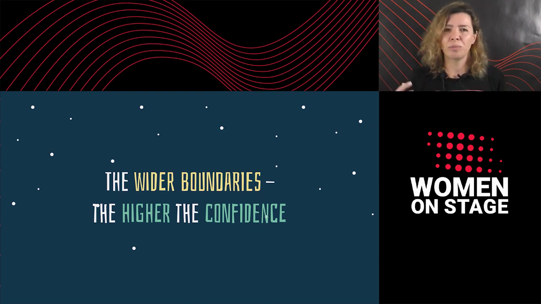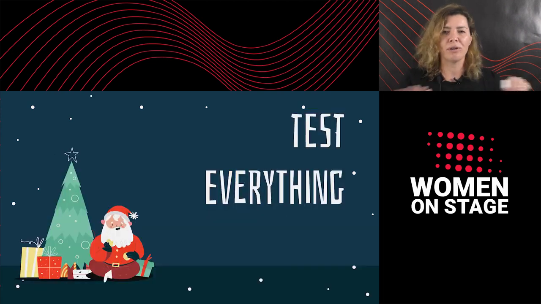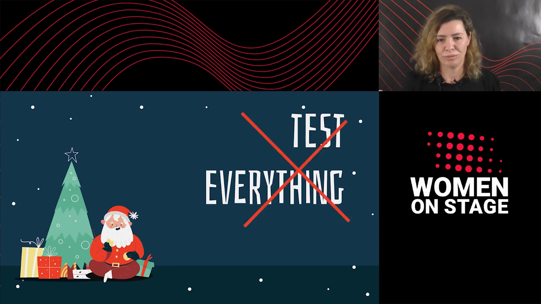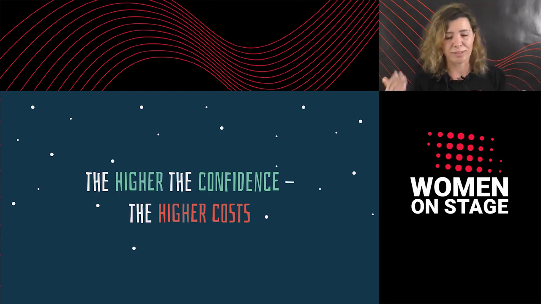The desire to be on the safe side often pushes us to try to cover everything in end-to-end tests, or at least to try. Don't. The higher the confidence, the higher the costs.